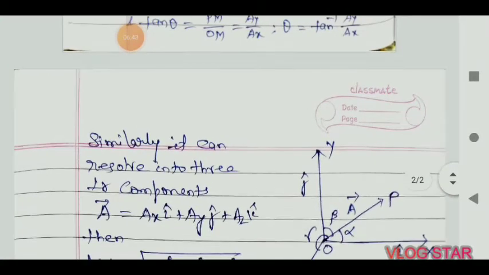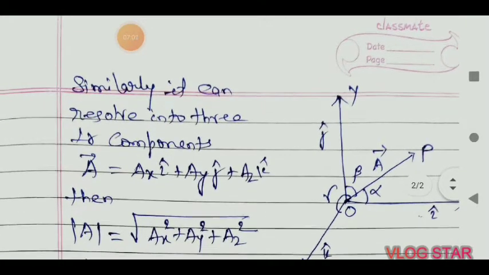Similarly, we can resolve the same vector into three components along the x-axis, y-axis and z-axis, which are mutually perpendicular to each other. Then in that case vector A is equal to AX i plus AY j plus AZ k. AX is the component, or you can say the projection, of vector A along the x-axis, and i cap represents its direction.